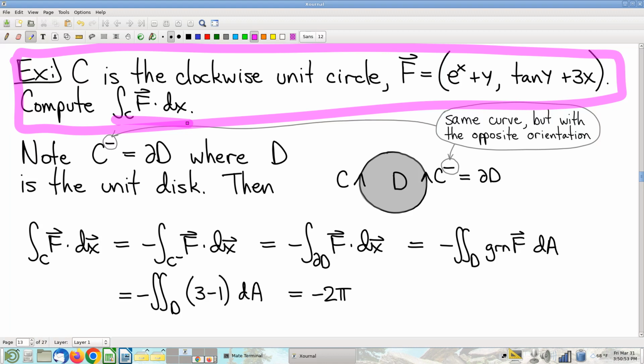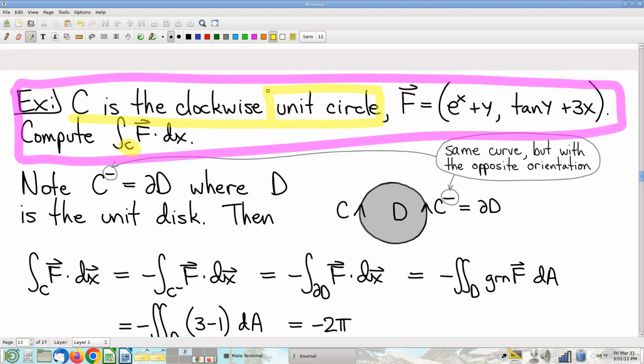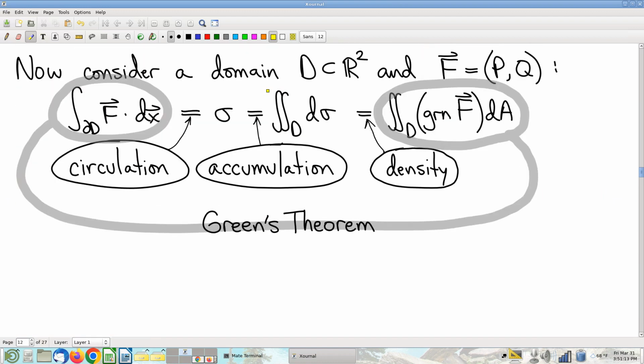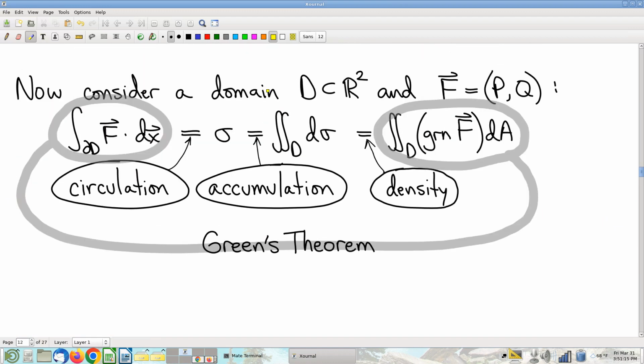So how do I know that this is the direction I should be going? How do I know to think in terms of Green's theorem here? Well, my domain, it says right here, is the unit circle. A circle is a boundary. Now I'm going to commit some math crimes here. Forgive me, I'll do my penance in a second. But it says right here that if you are doing a boundary line integral, you can rewrite it as a double integral.